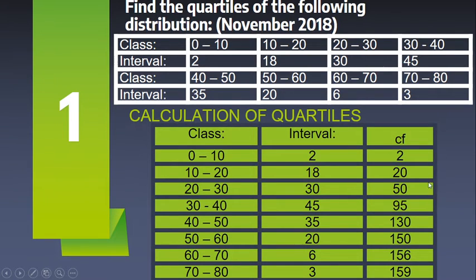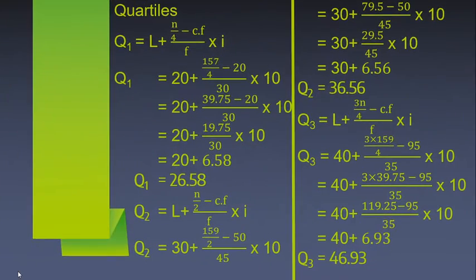You draw a straight line, you take it down, and on the next line, the class interval that is there is the class interval for Q1, the class interval for the first quartile. Taking this as the class interval, L is 20, the lower limit of that class interval.